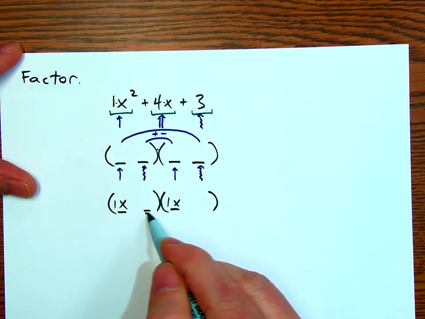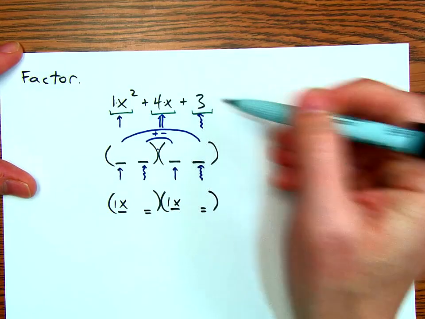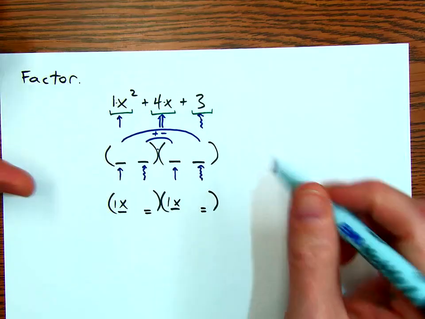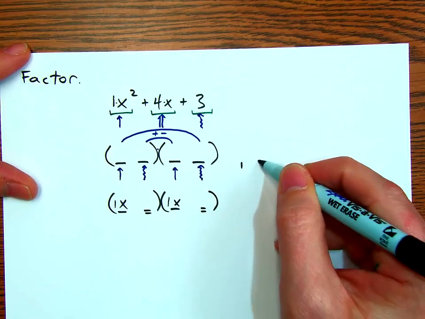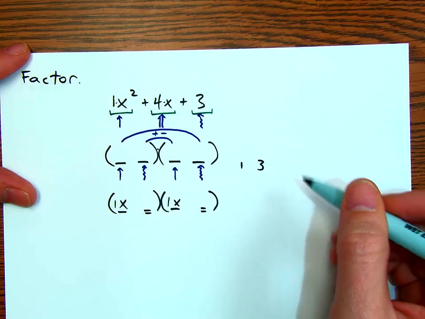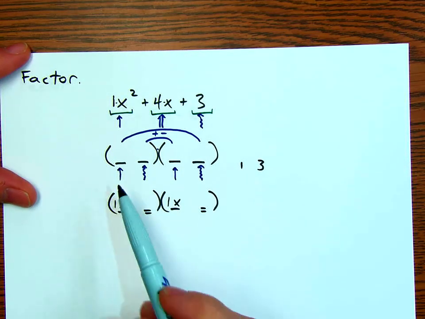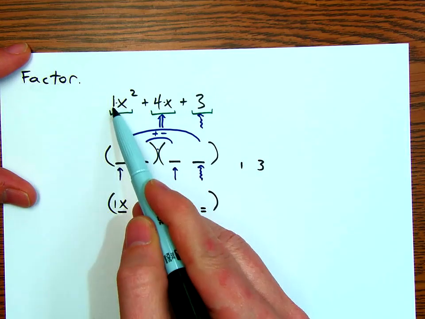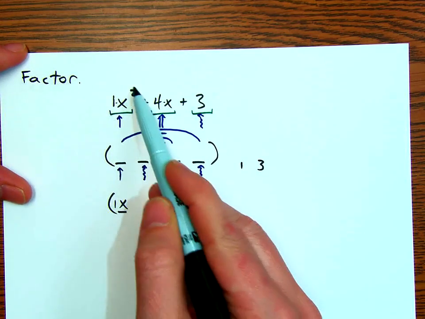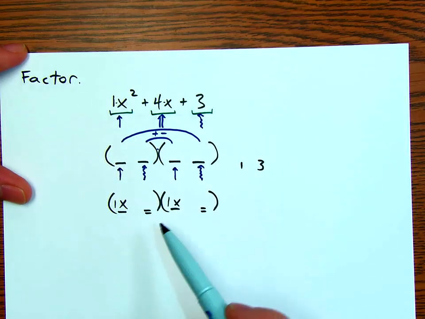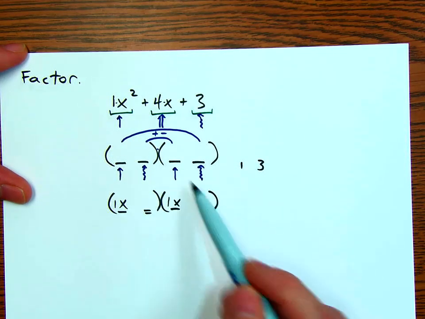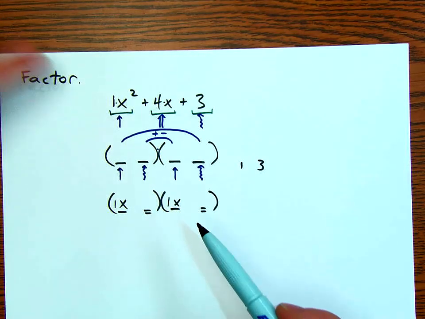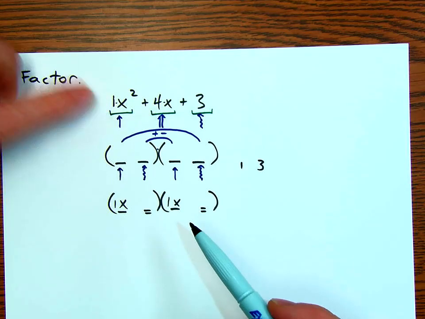Now we're looking here. These 2 need to multiply to equal this last term, so we're going to consider the multiples of 3. Now, 3 only has one group of multiples, 1 and 3. And the way we're going to do this here is that since this original term, what we would call a leading coefficient, because it's on the largest degree term, is just a 1, this process is very simple compared to what it could be if there was another coefficient here besides 1.